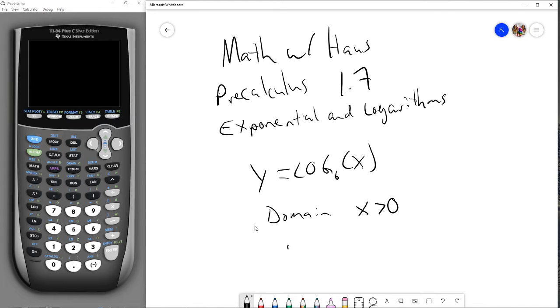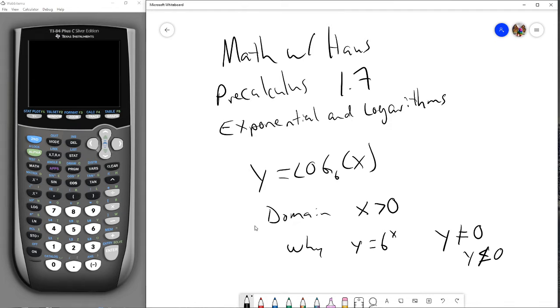The reason why is because when we think about this function y equals b to the x, there is no way that y can equal 0 or a negative number. Actually, we should just write y cannot. It's impossible for y to be less than or equal to 0.